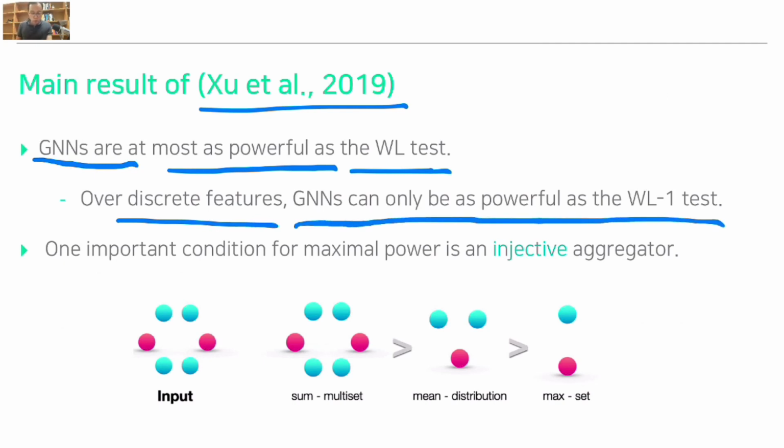That is one of the important assumptions. For the maximal power, the maximum is to have the expressive power of the WL test. The important condition for that power is to use the injective aggregator.